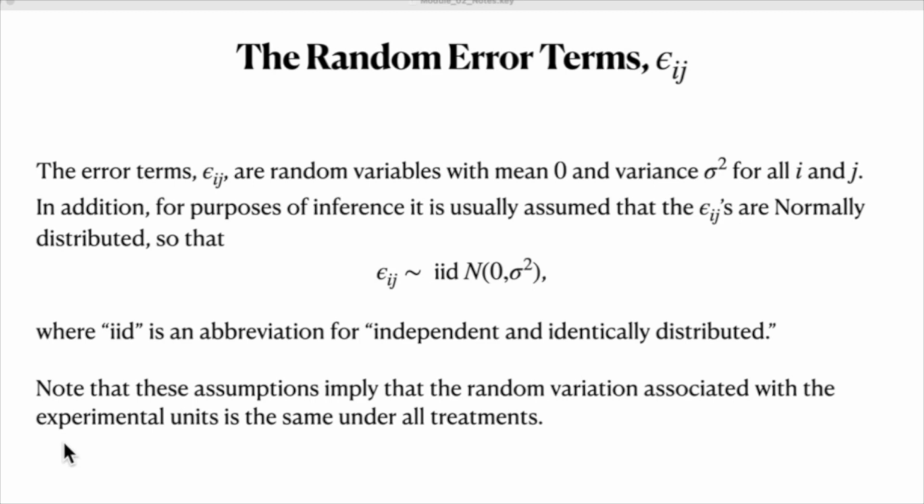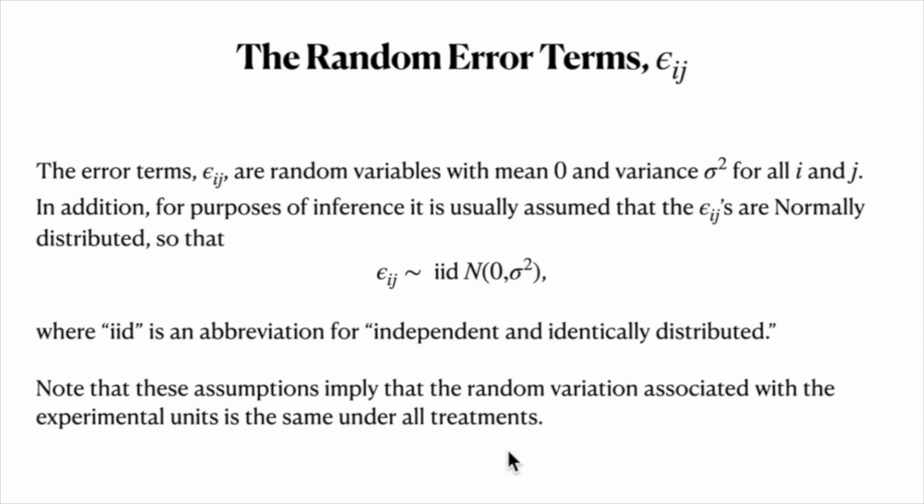And then finally, this last note down here, as I was saying up at the top of the slide, these assumptions that we have here imply that the random variation associated with the experimental units is the same under all treatments. Now, is that always true? Perhaps not. In fact, no, it's not.